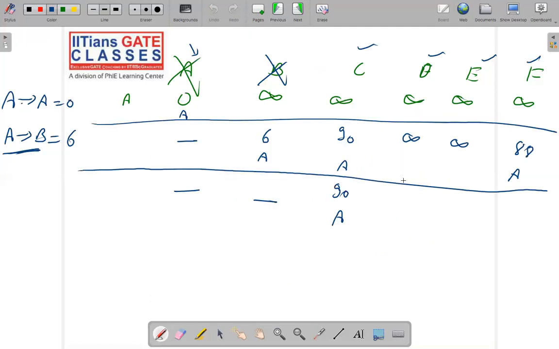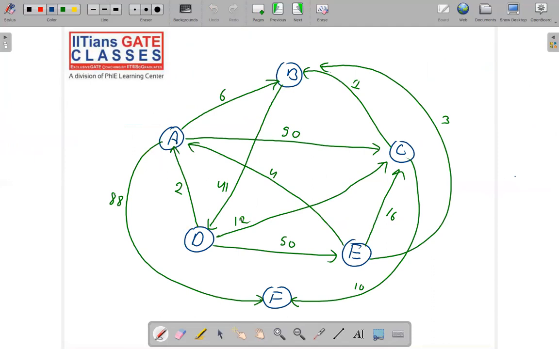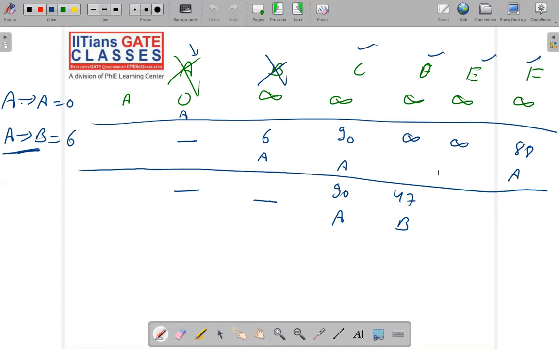Right now it's infinite. 41 plus 6, because we are writing A to D. B to D is 41, and 41 plus 6 is 47. So 47 is less than infinite, so we'll write it down. Now B to E, we don't have any edge, so it will remain the same. Infinite, 88, and A.